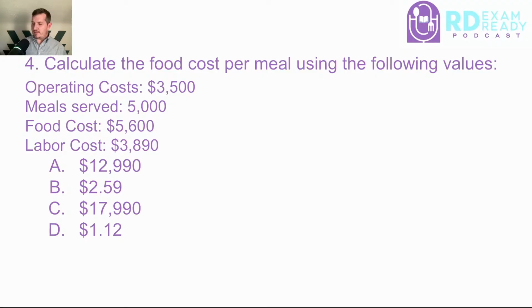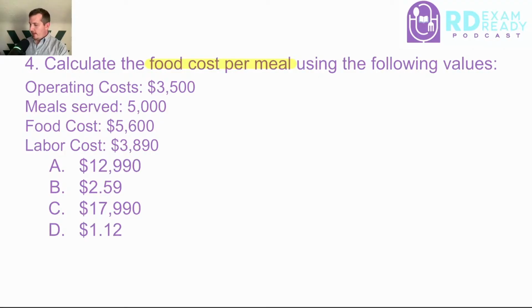Okay, I'm going to start giving this a little read here. Calculate the food cost per meal using the following values: operating cost, meals served, food cost, and labor cost. What I've always really said is, as I look through these numbers, I first really jump out, especially with the calculation, and I say, what are they asking me for?